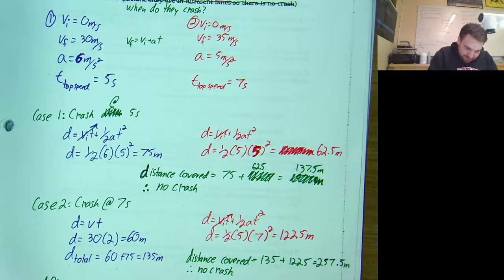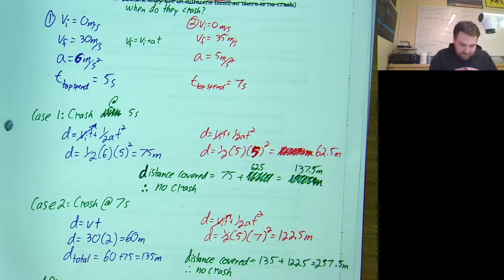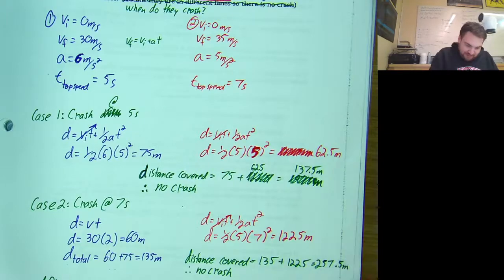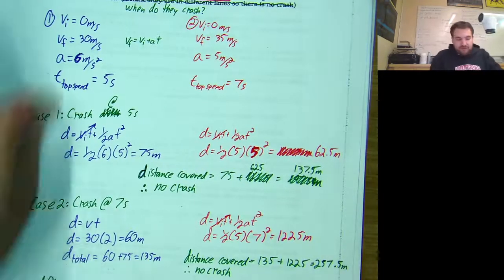The distance they have to travel is 42.5 meters. The relative velocity is going to be 65.